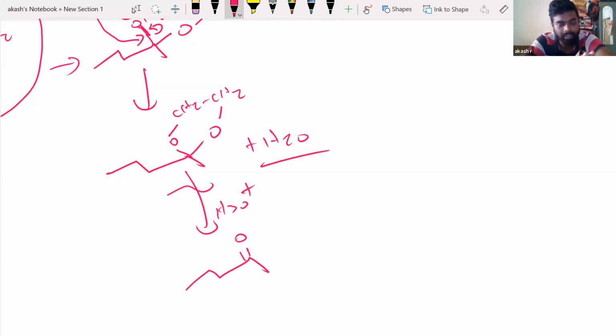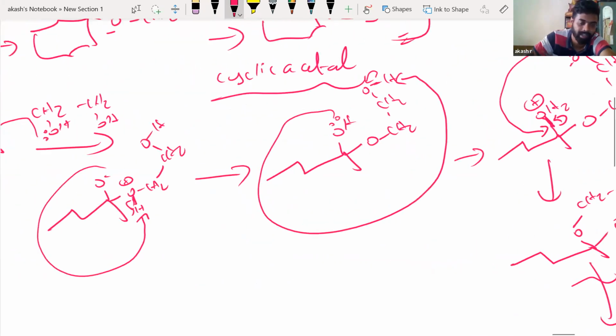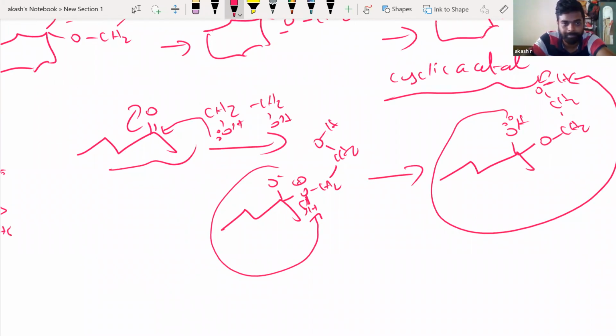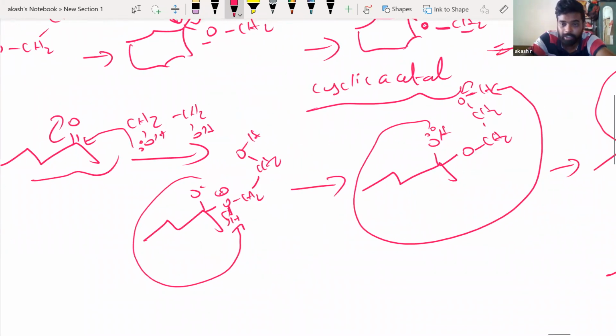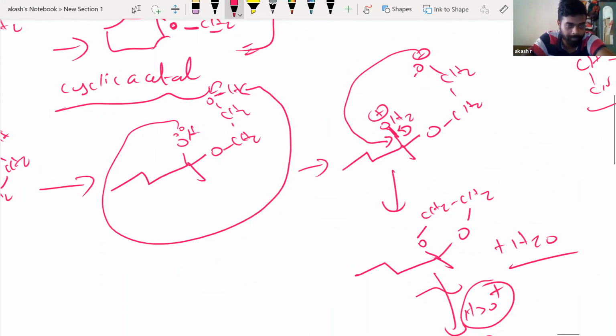Whether it's from hemiacetal or acetal or cyclic acetal, if you go for hydrolysis in the acidic medium, you are going to get back whatever you initially had. This is what you initially had, this compound. You are going to get back that. So it is very simple for us to retrieve whatever aldehyde or ketone we had initially.